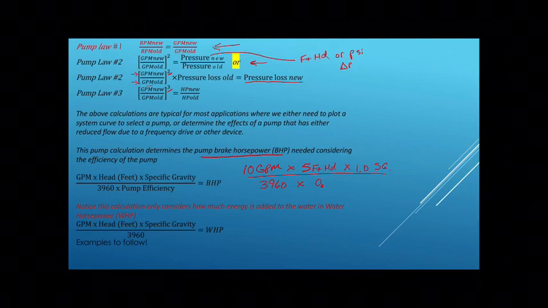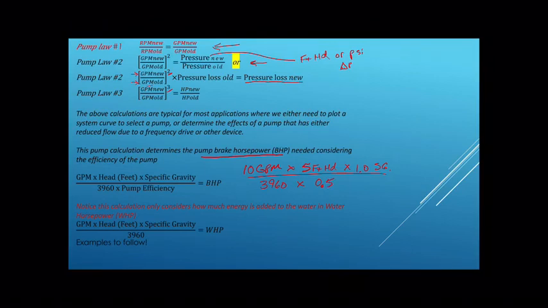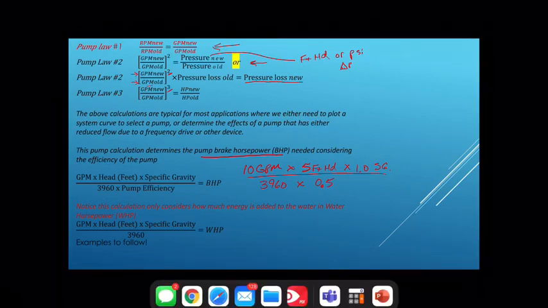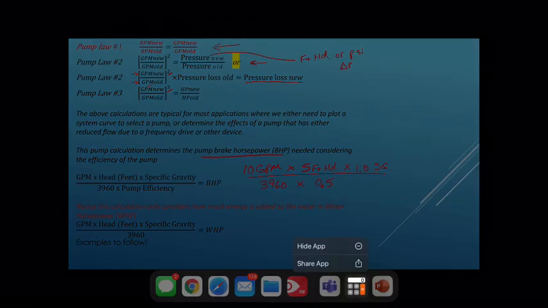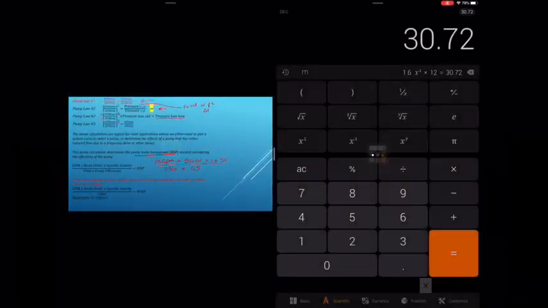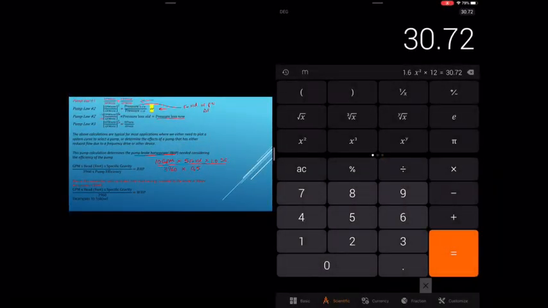And I'll take that times the pump efficiency. Let's say that pump efficiency happens to be 50%, so I'll put 0.5 as the efficiency on this one.